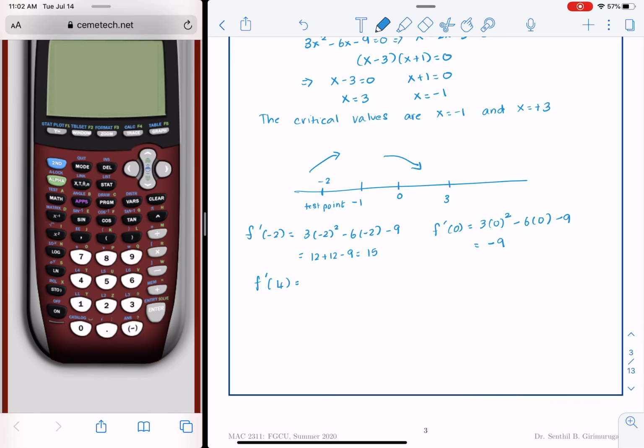Let me pick 4. 48 minus 24 minus 9, which is 15. Since it is positive, it is increasing on that side because the test point is 4.